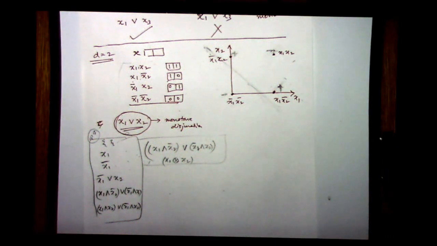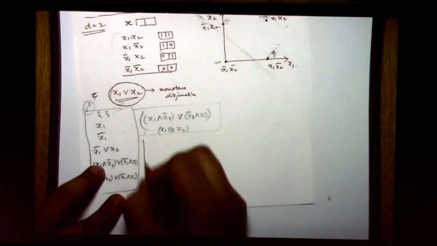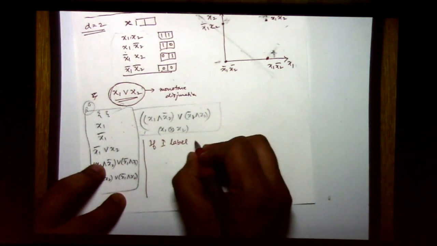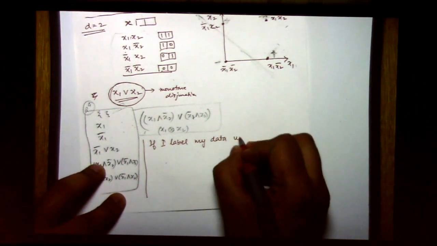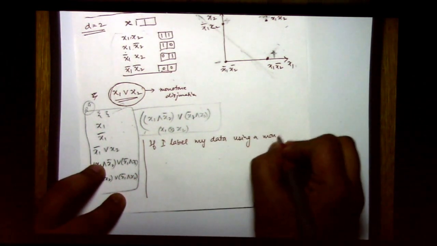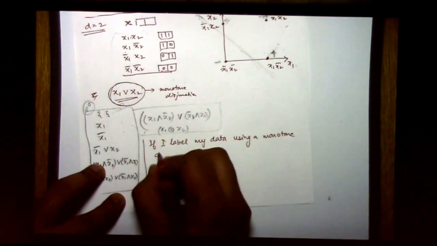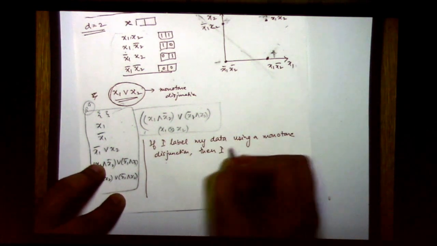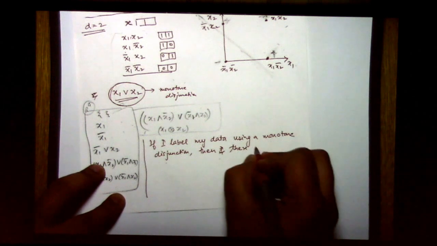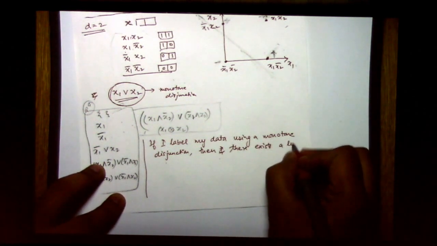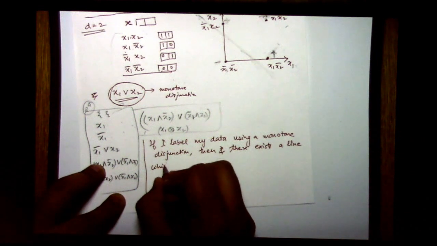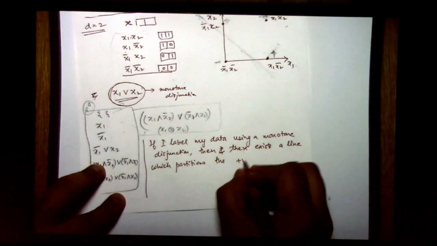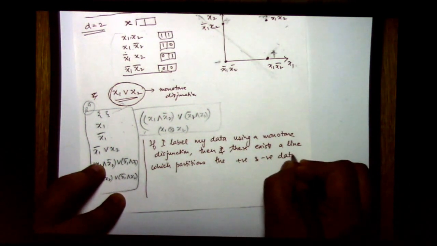So the point I want to make here is that if I label my data using a monotone disjunction, then there exists a line, a two-dimensional line, which partitions the positive and negative data points, right?